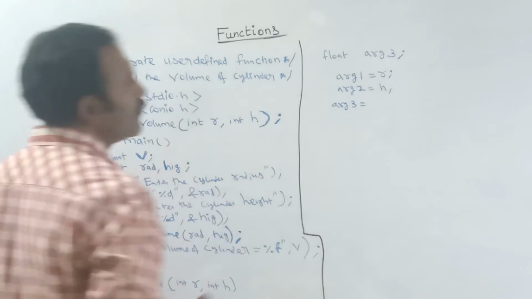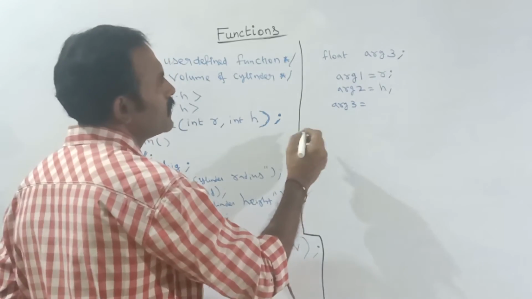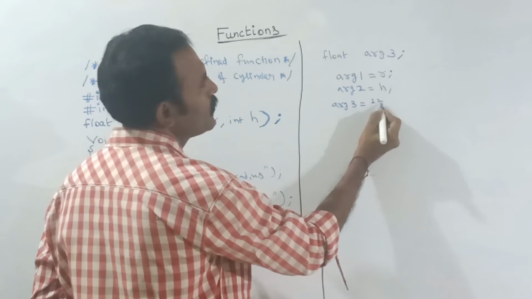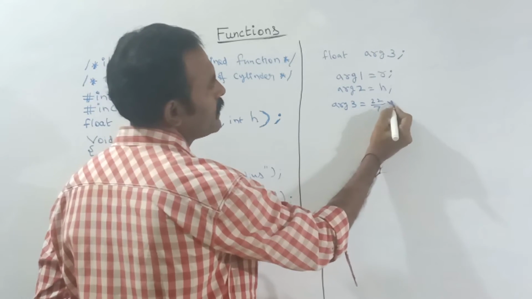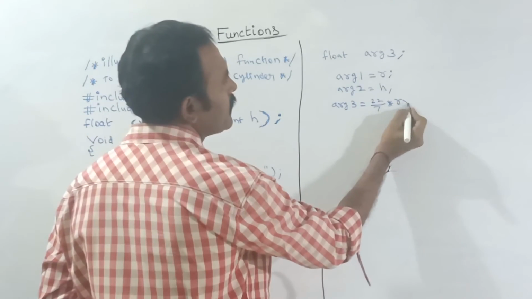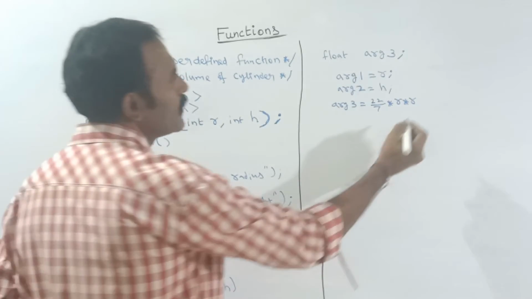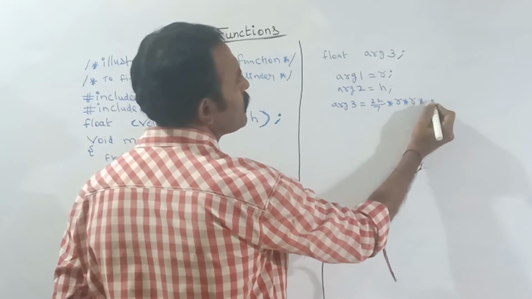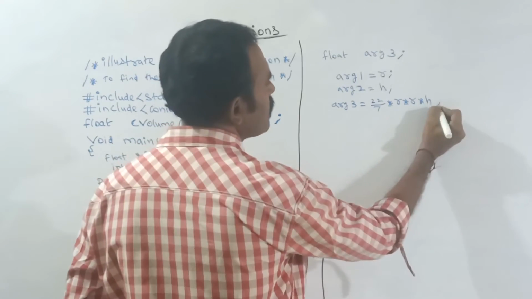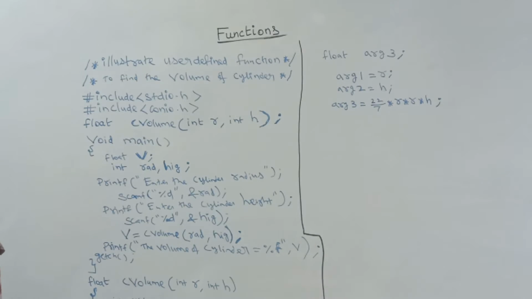What is the formula? Pi r square into h. So what is the value for pi? 22/7 into r square, that is r into r, 22/7 into r into r into h. This is the formula. arg3 is equal to pi r square h.